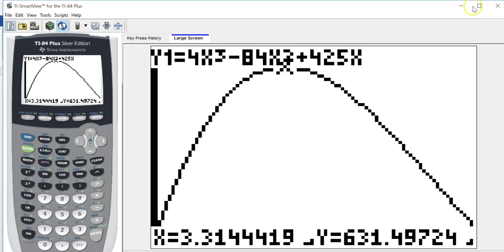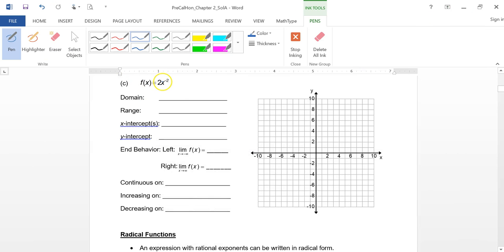I would like to graph that one on the calculator. So this is going to look like what? It's 2x to the negative 2, meaning it's 2 over x squared, right? Okay, so let's graph this one.